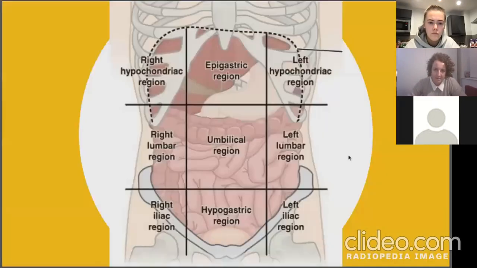The dotted line at the top here is the diaphragm, and just because it's not always taught, the first horizontal line you've got is the subcostal plane. It's sometimes called the transpyloric plane, and that's around the L3 vertebra. And the second line across is the transtubercular plane, which is around L5.